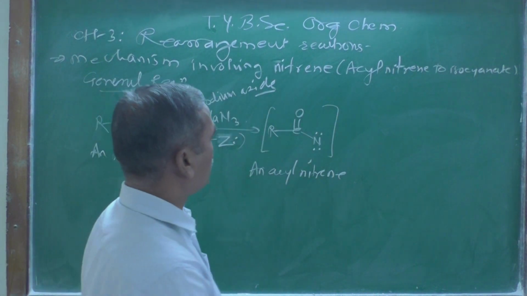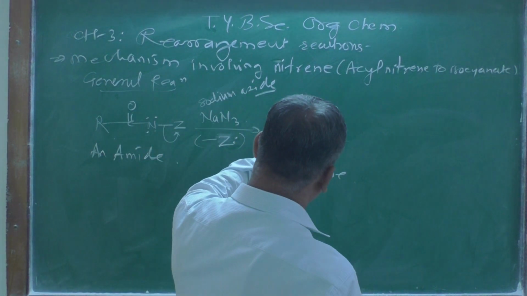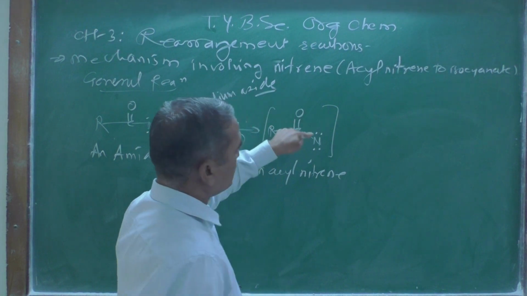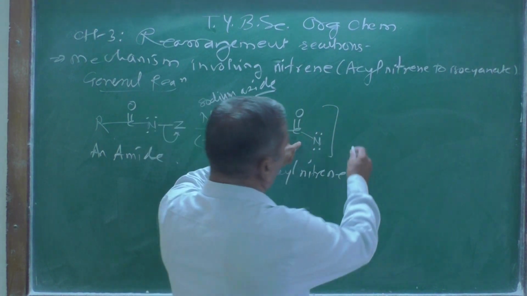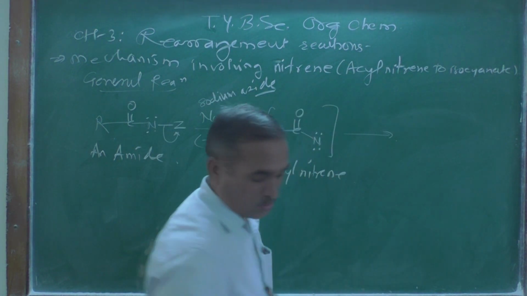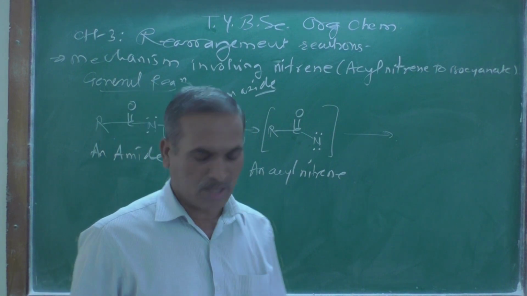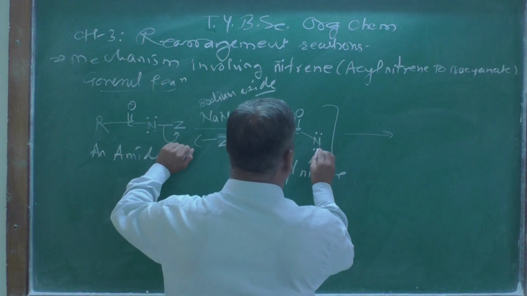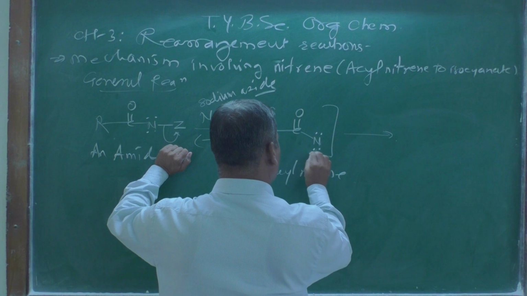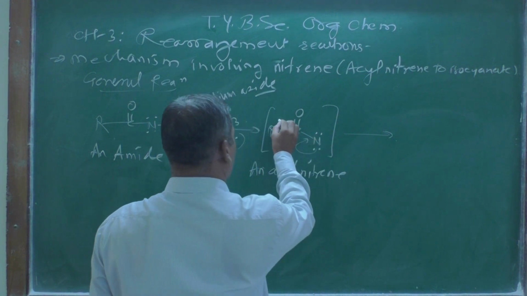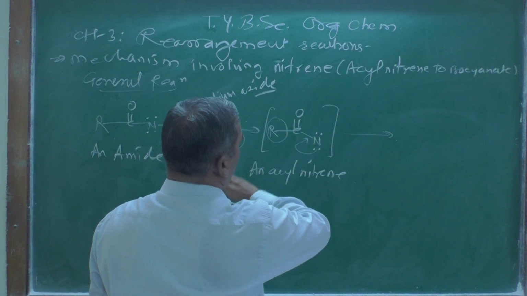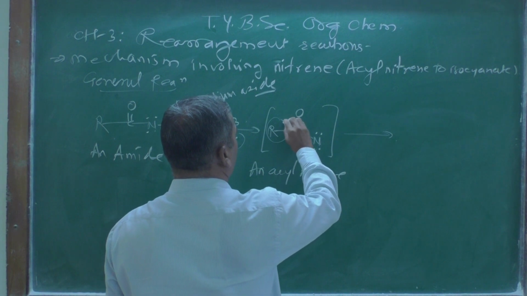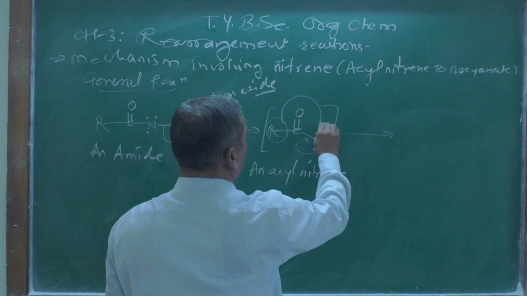What do you get here? Look at the carbon. This carbonyl carbon is attached to nitrogen. Now after the rearrangement, what are you going to get? The lone pair present on that nitrogen atom goes over there, and at the same time R is migrated from here to here.